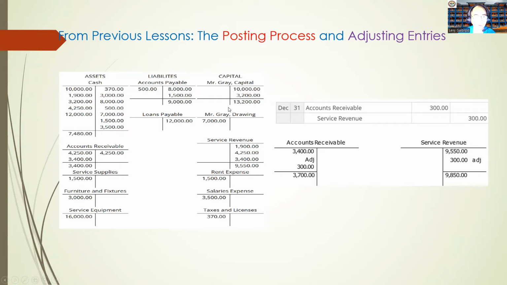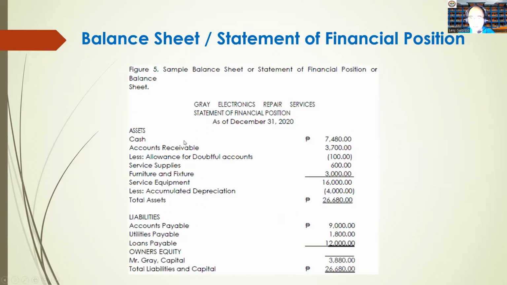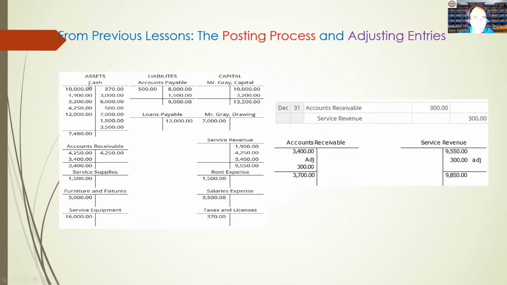Tingnan natin itong cash. Ang ending balance niya rito, ang kanyang normal side or normal balance ay nasa debit, which is 7,480. So balikan natin si balance sheet, cash niya is 7,480. So tama, di ba? Balance yan pagkatapos ng mga plus minus doon sa cash.